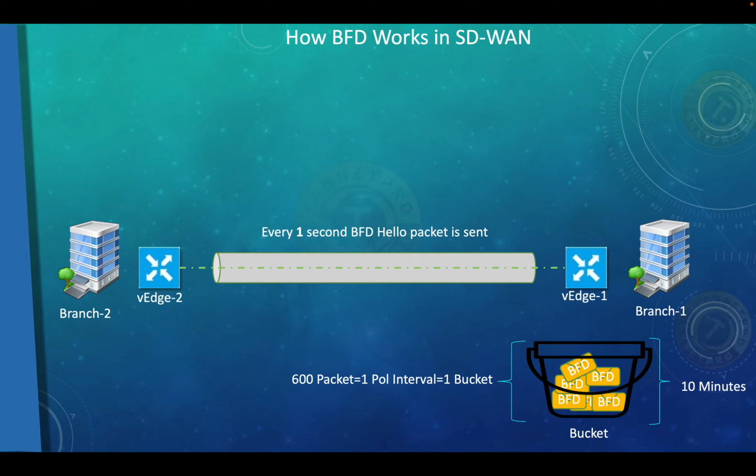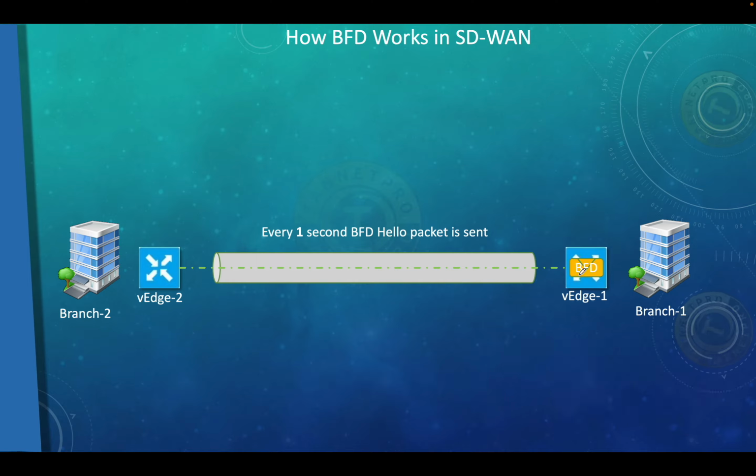So 10 minutes at 1 packet every second is 600 packets, right? Try to understand. Let me show you again. This is the BFD packet, right? This is the BFD packet. It collects the loss, latency, and jitter. It travels on each of the links within the IPsec tunnel, right?